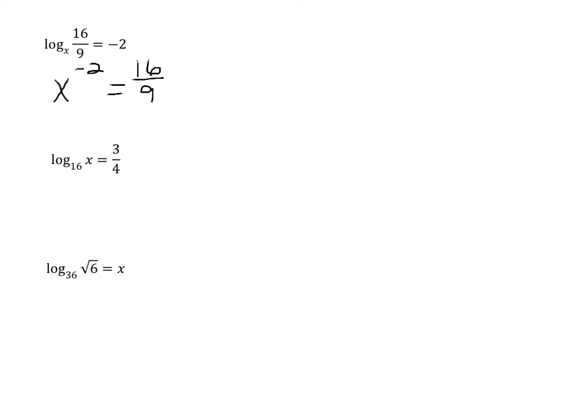Well, we know how to deal with negative exponents. It's a reciprocal. So we could say that x squared would then equal 9/16. And then we could take the square root of both sides, and we'll find that x is equal to 3/4.